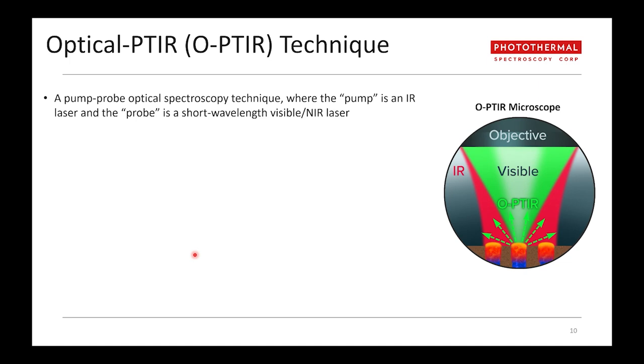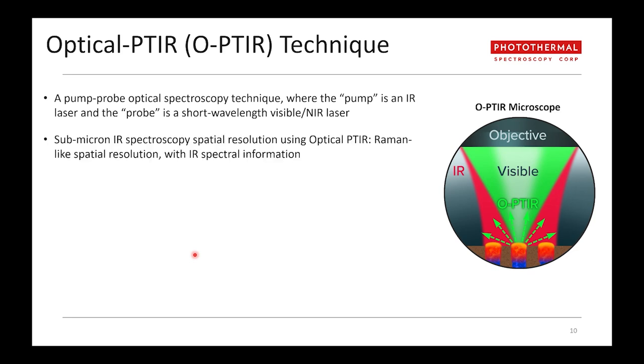O-PTIR is a pump probe technique where we pump with an infrared laser and we probe with a short wavelength, typically green or a 785 laser. The ability to use that short wavelength laser gives us submicron spatial resolution. In fact, it's exactly the same as Raman in that sense, but it still has the richness of the infrared spectral region.